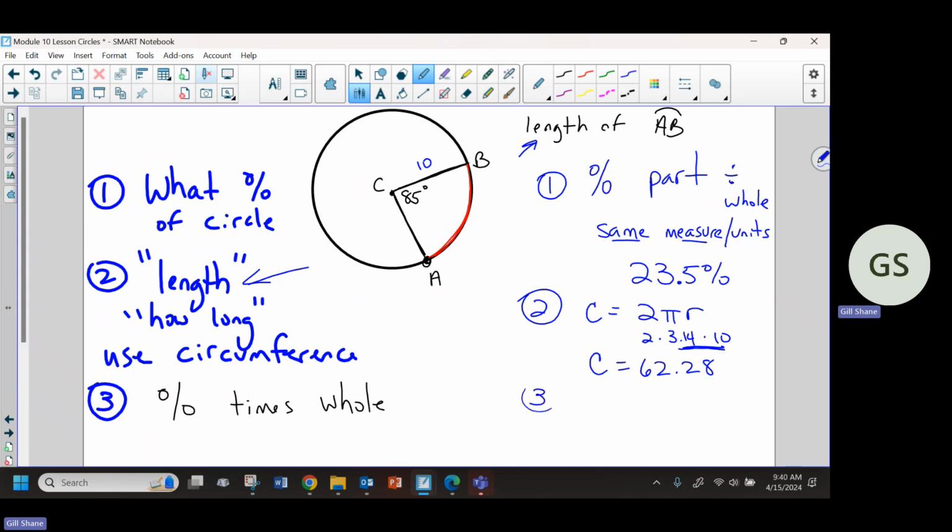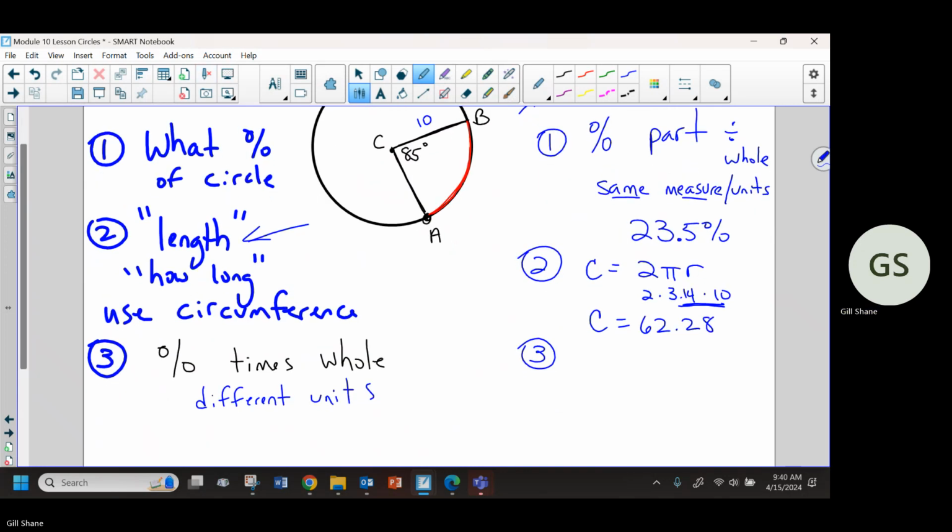Now, step 3 just says, and I'm going to add something into these steps, these are in different measures or different units. So it's the percentage times what you're trying to get. So that means times the new units, the units you're converting to, the units you want to find.